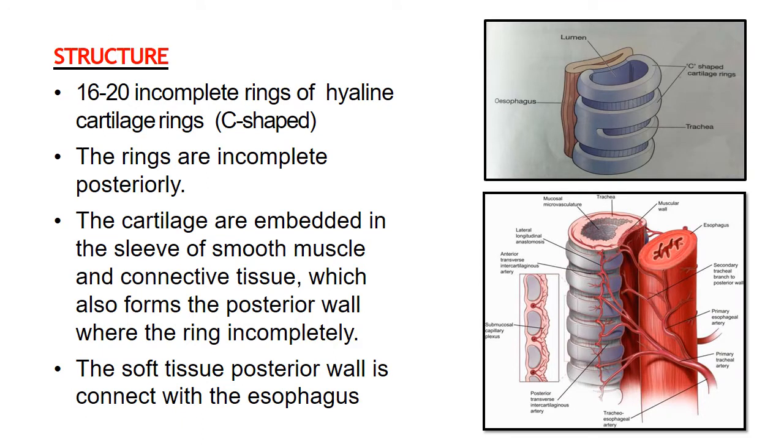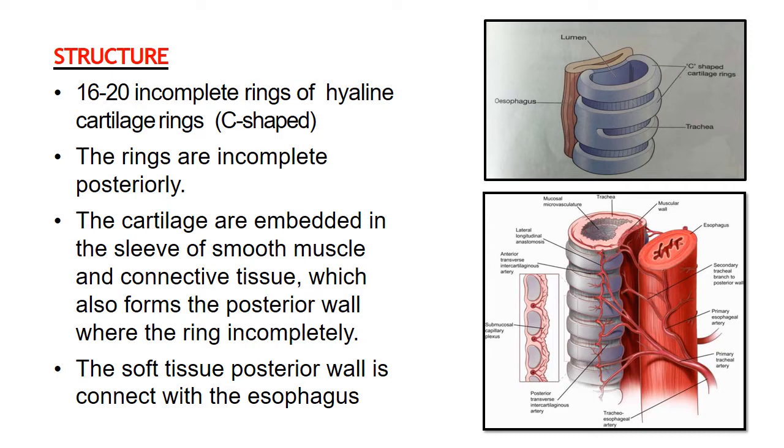Now we'll see the structure of the trachea. As I have mentioned previously, there are 16 to 20 incomplete rings of hyaline cartilage, that is C-shaped. The rings are incomplete posteriorly. You can see in the second figure, at the posterior side there are no rings.